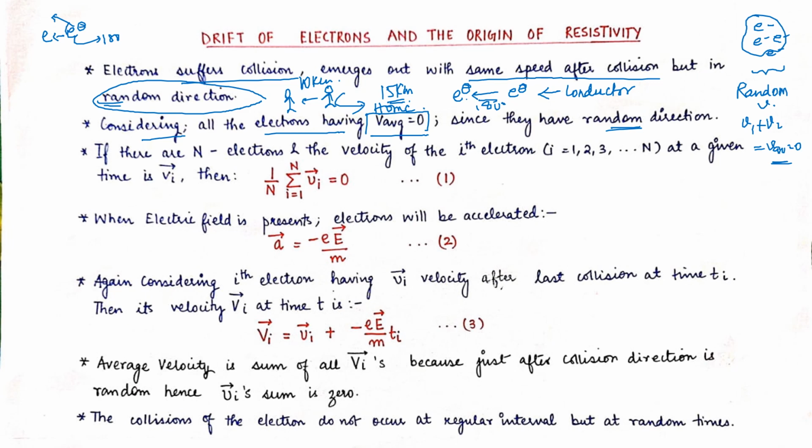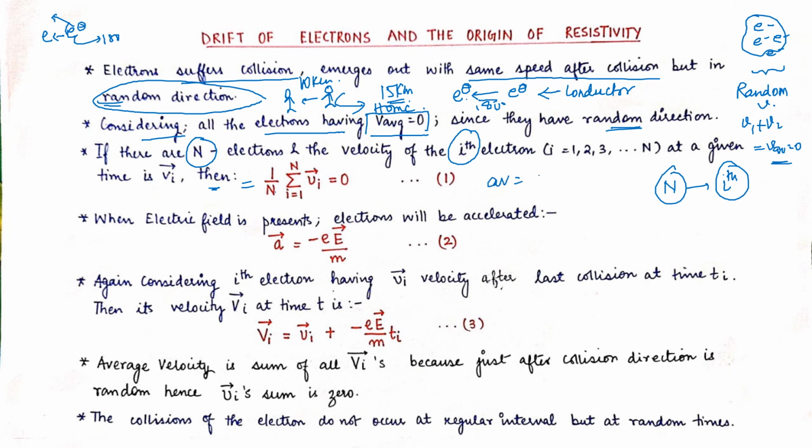Now if we consider that there are capital N number of electrons, and the velocity of the ith electron at a given time can be given as vi, then 1 upon N, that is the number, we are taking the average, right?